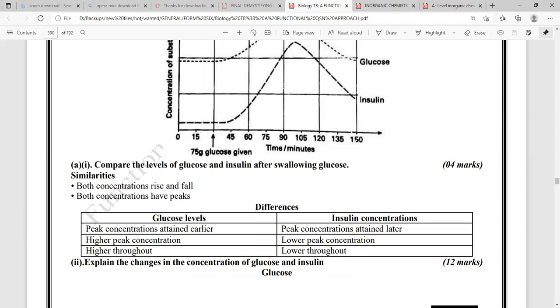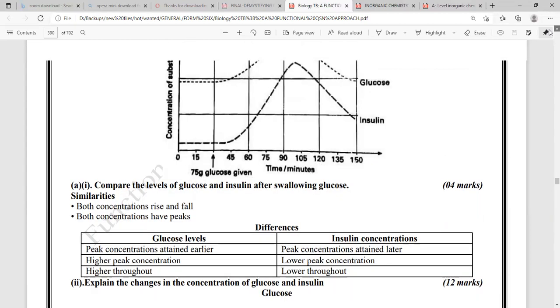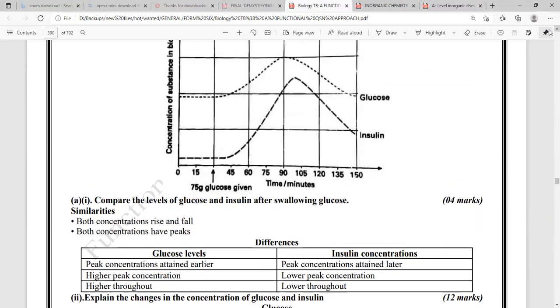When we look at the similarities, both concentrations have peaks. A peak is attained when the concentration increases, reaches a point, and then falls immediately. But if it does not fall and first attains a constant, then we call it maximum. So we have to differentiate between a peak and maximum.